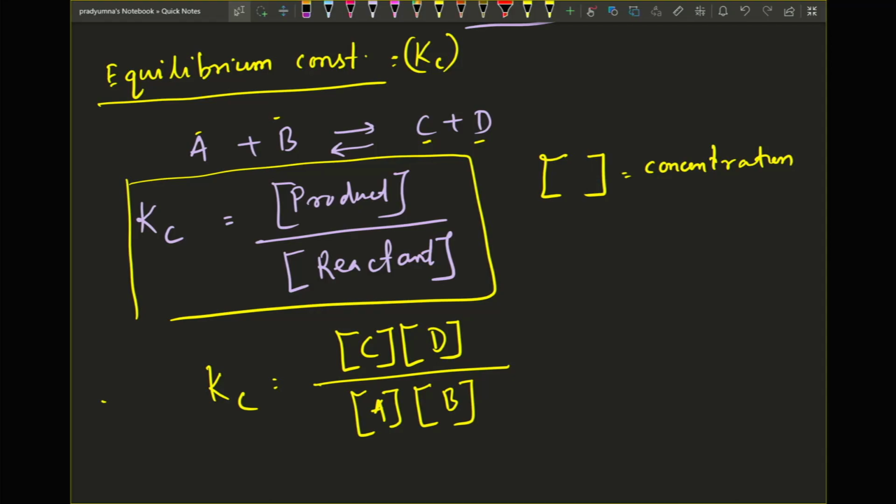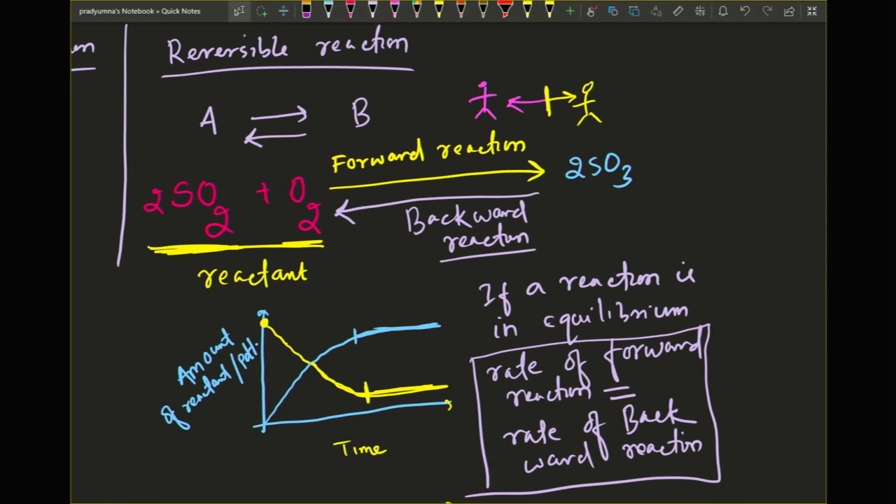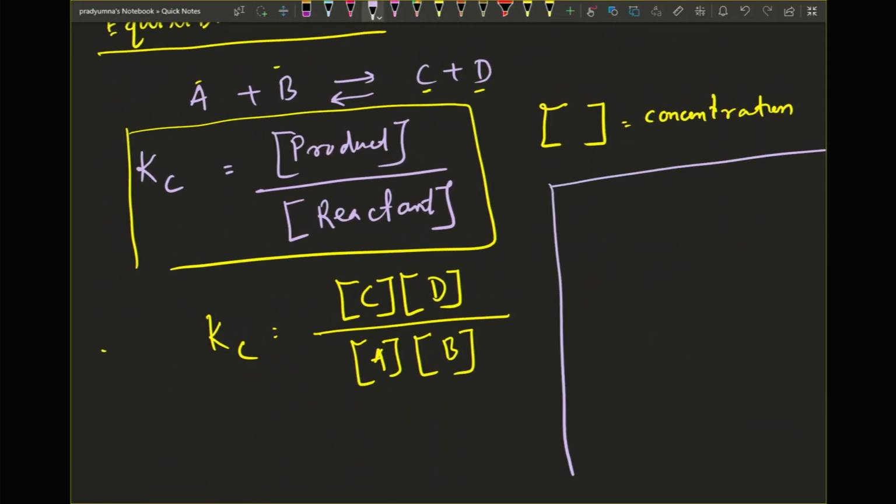Let's make it a little bit more complicated. Right now, you don't have any coefficient right before A. So let's take our previous example, where we discussed sulfur dioxide reacting with oxygen.